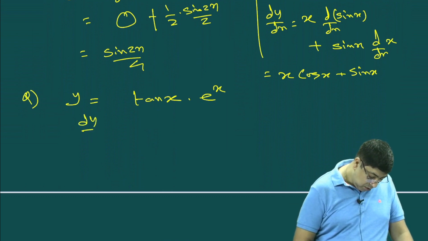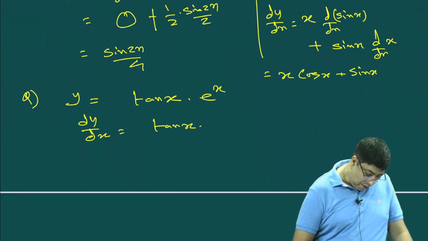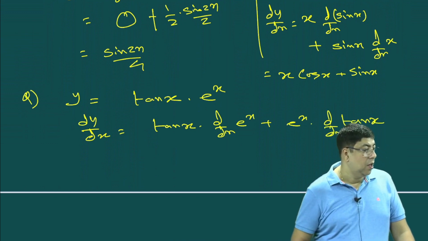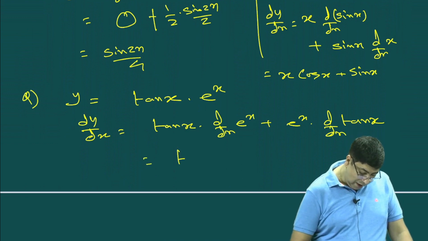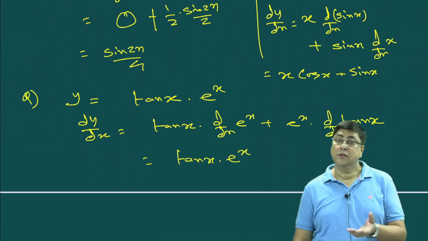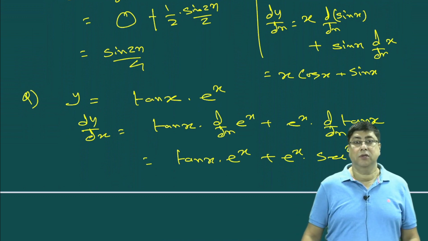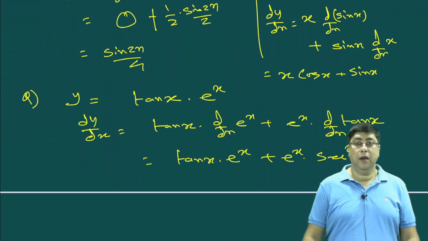Applying d dx: tan x constant, derivative of e to the power x, plus e to the power x constant, differentiation of tan x. Now tan x times e to the power x, since the derivative of e to the power x is e to the power x. Now e to the power x is constant, and the derivative of tan x is sec square x. So this is the differentiation of e to the power x into tan x.